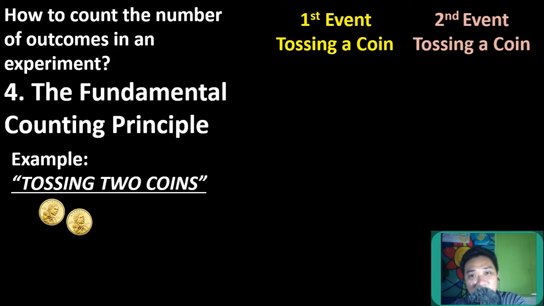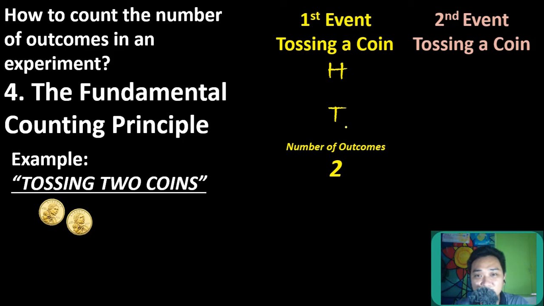Yan. So say for instance in our first event, tossing a coin, we have 2 outcomes that would be head or tail.